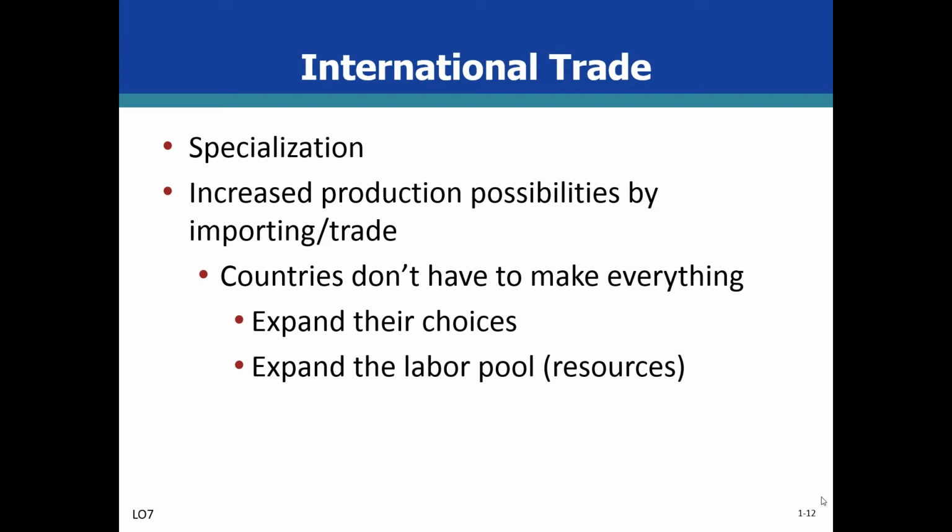This particular area of economics is handled in the macroeconomics class. More importantly, international trade can increase the production possibilities curve. It increases the choices that consumers are exposed to through imports, and increases the resource pool of labor for firms, allowing production outside of the domestic environment.